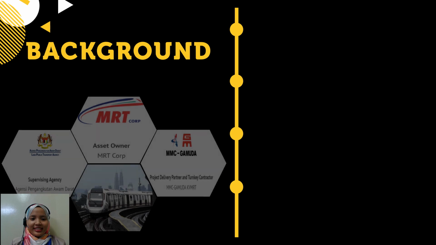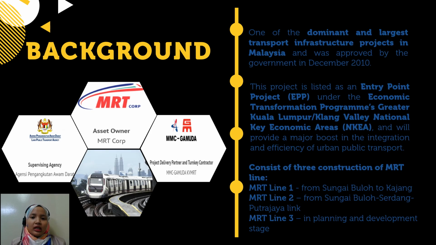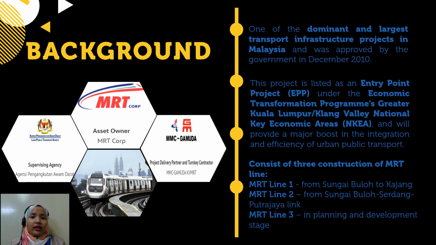Firstly, the background. KVMRT, or Klang Valley Mass Rapid Transit, is one of the dominant and largest transport infrastructure projects in Malaysia and was approved by the government in December 2010.